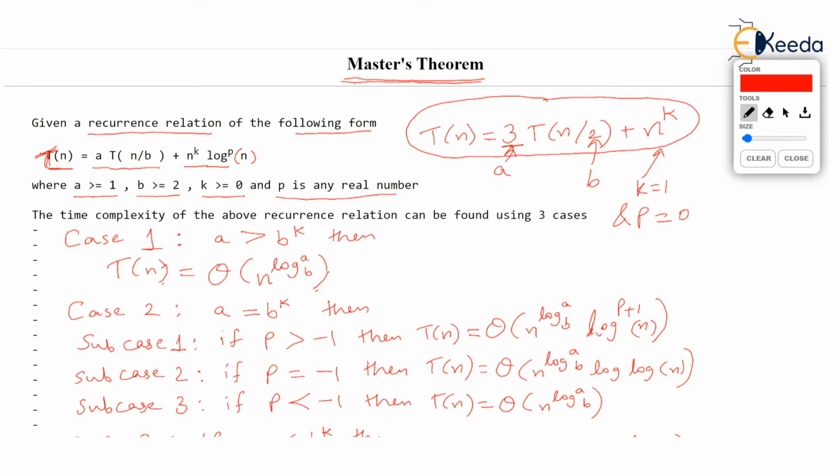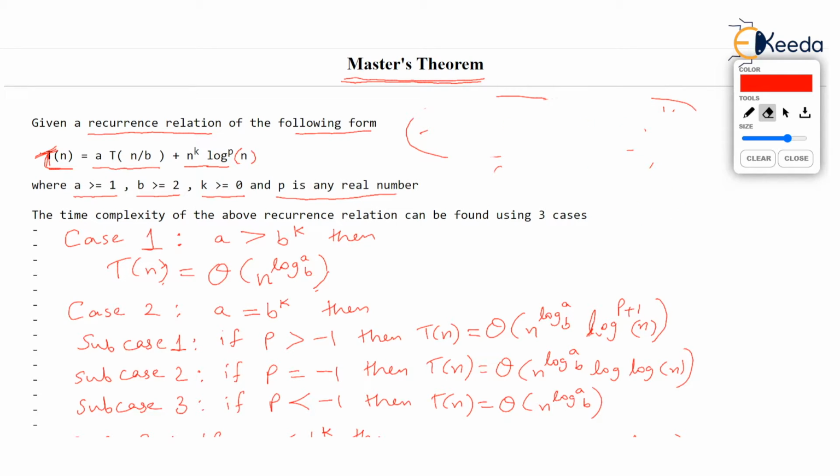Just check an example again. Suppose we are having a recurrence relation of this type. T(n) is equal to 2 T(n minus 1) plus 1. Now this is also a recurrence relation because T is expressed in terms of T. The function is expressed in terms of itself.